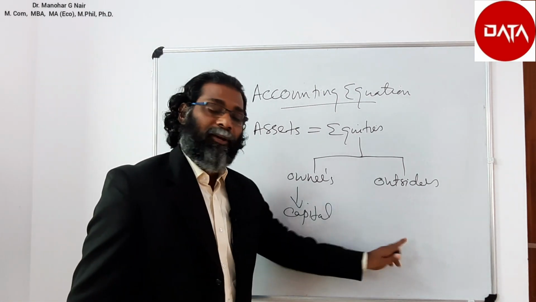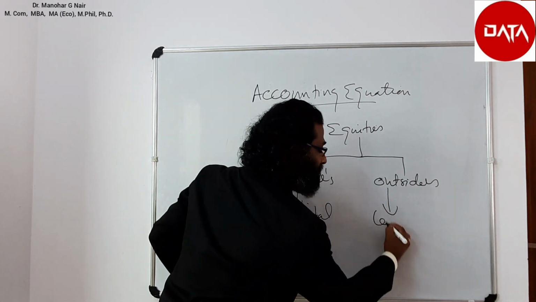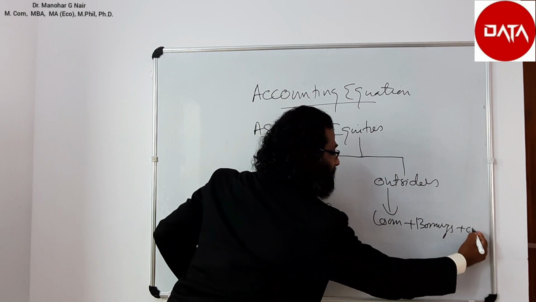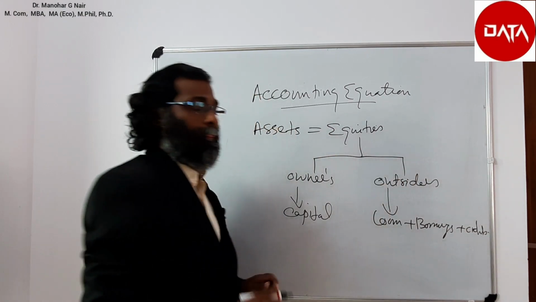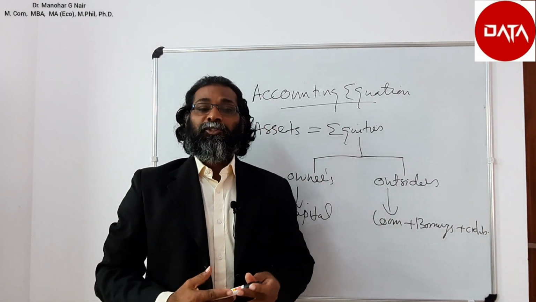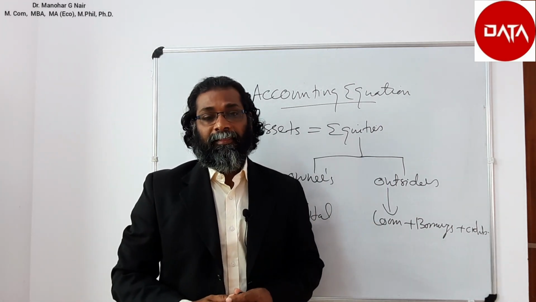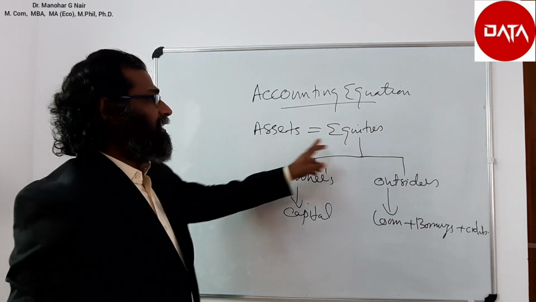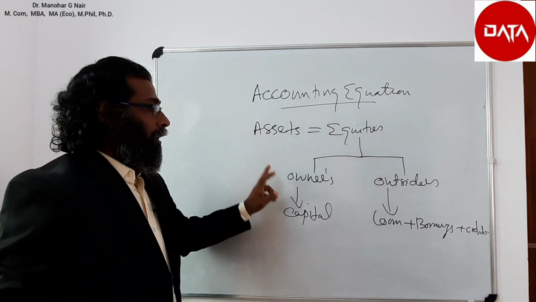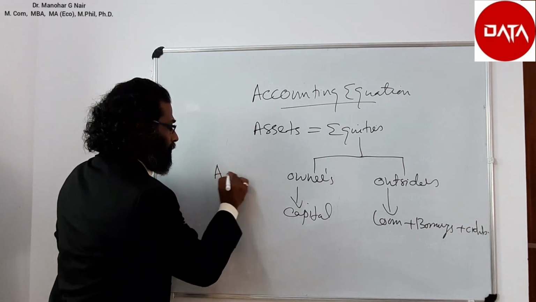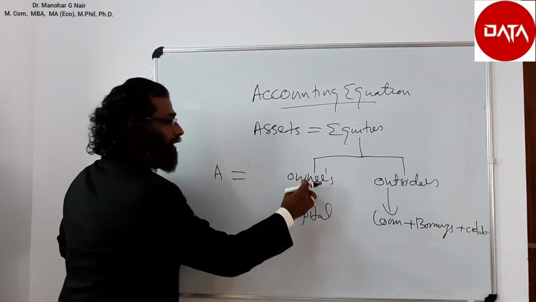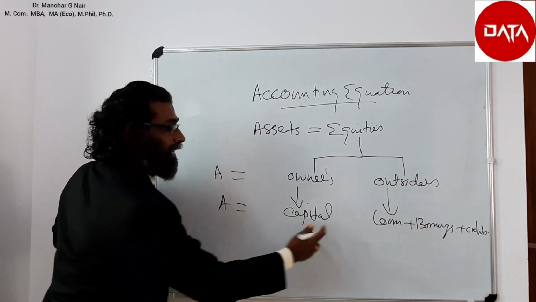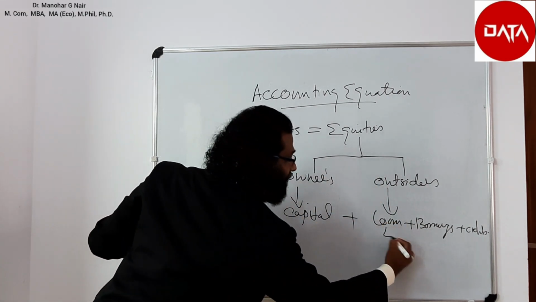And outsider's equity means loans, borrowings, creditors, etc. Therefore, if we expand the equation, asset is equal to equity, or asset is equal to owner's equity and outsider's equity, or asset is equal to capital plus liabilities.